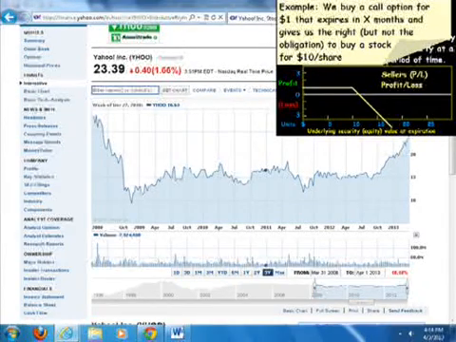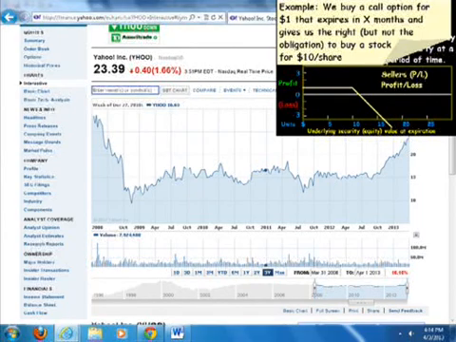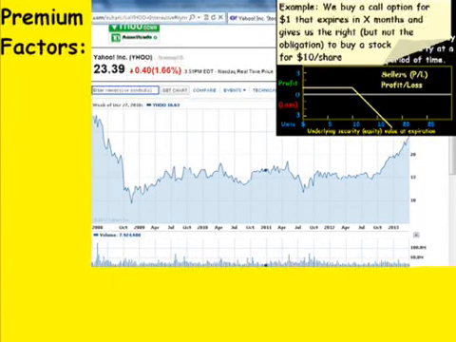And we're going to take a look at a real example here of how options work. Now I have Yahoo stock here, which at the time on April 3rd was priced at $23.39, and I'm going to walk through some of the factors that affect the premium price here.